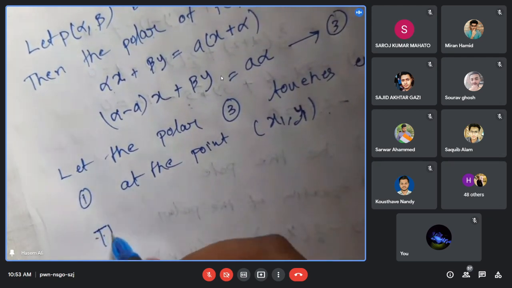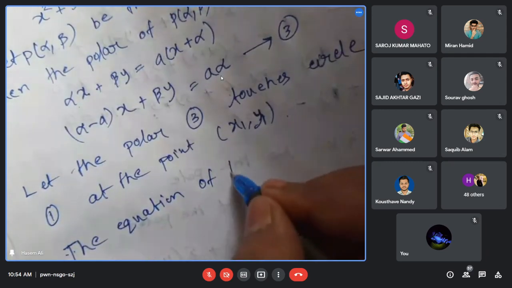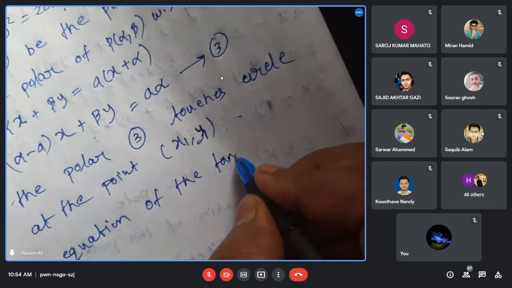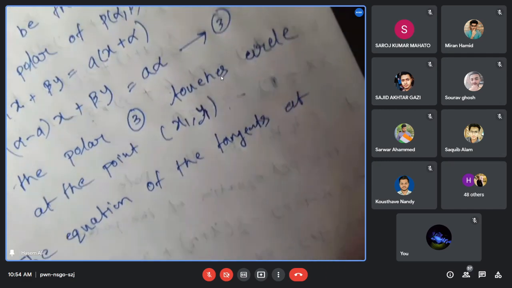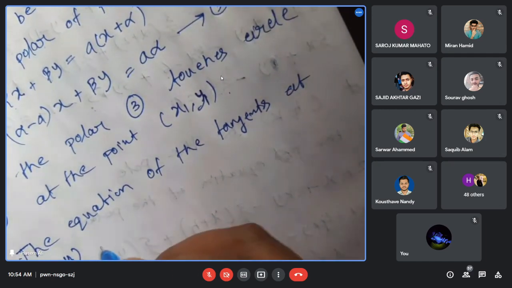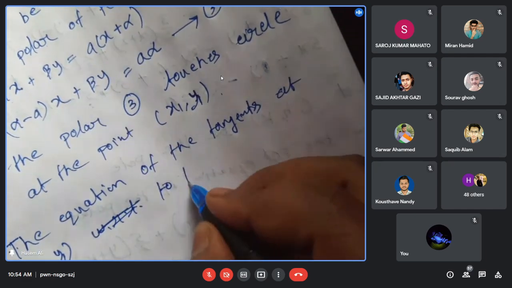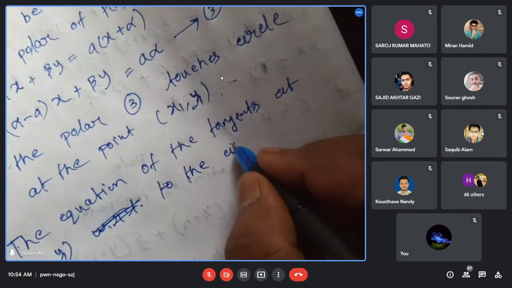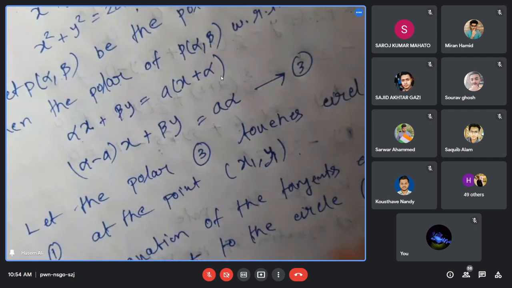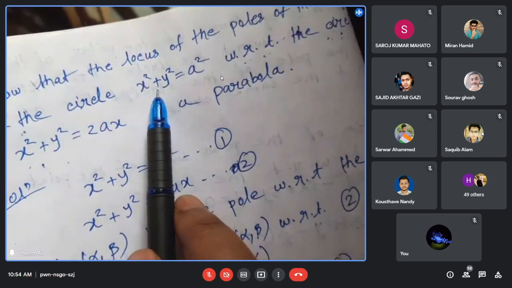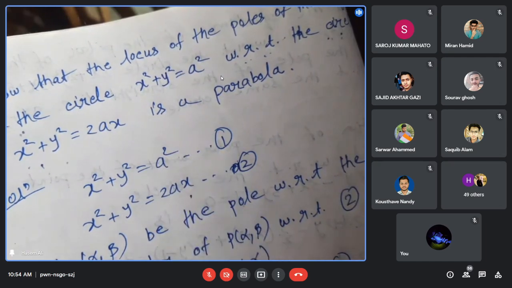Therefore, the equation of the tangent at x1 y1 with respect to the circle 1, x square plus y square equals to a square, and we assume that the touching point is x1 y1.